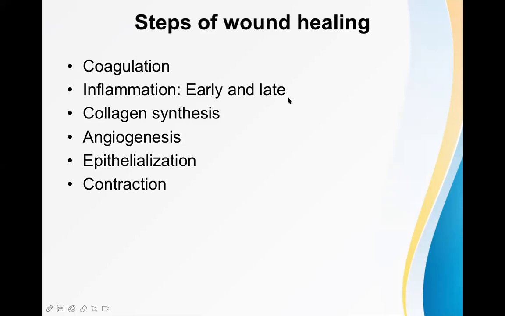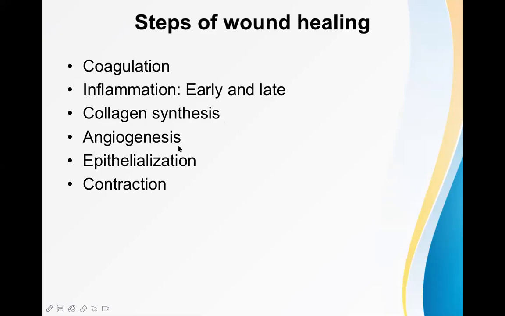Inflammation is a part of wound healing. From the lecture of pathology, you know this point. Inflammation can be early as well as late. We'll talk about every one of these steps.